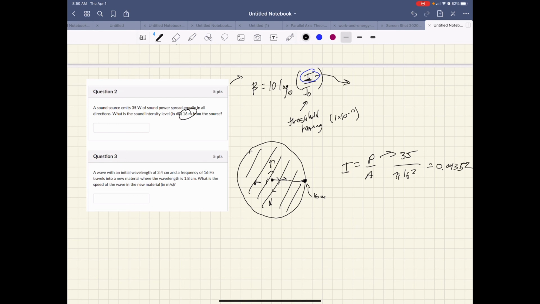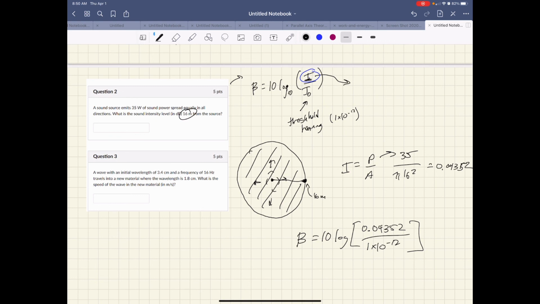So now we can do this. The loudness is going to be 10 log of 0.04352 divided by the threshold of hearing, which is 1 times 10 to the negative 12th. When you do that, you're going to get a really big number.